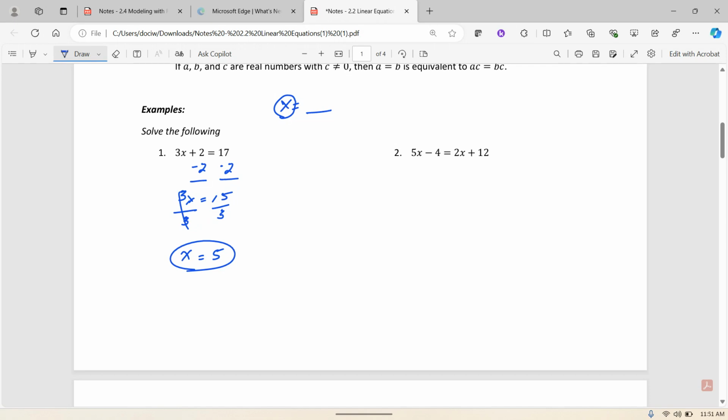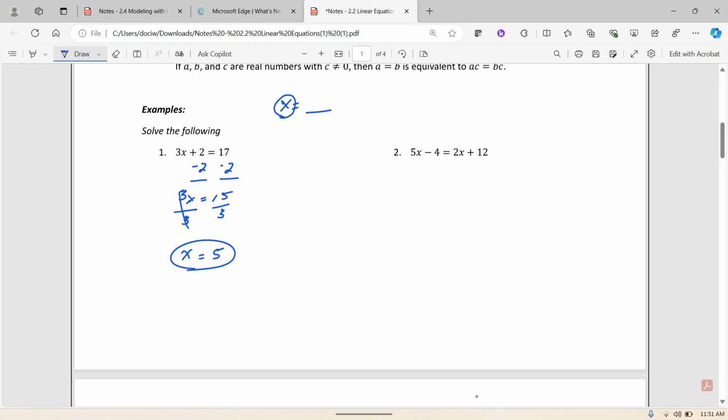In a case like number 2, where we have the variable term on both sides, we have a 5x on the left and a 2x on the right. It's really the same type of scenario here. I want to accumulate all of the terms with the x in them to the left-hand side.